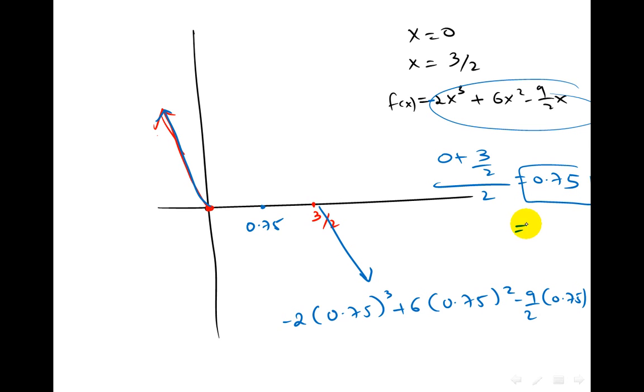So I got a number which is negative 0.8. Since it's negative 0.8, that means it's going to be a local minimum.